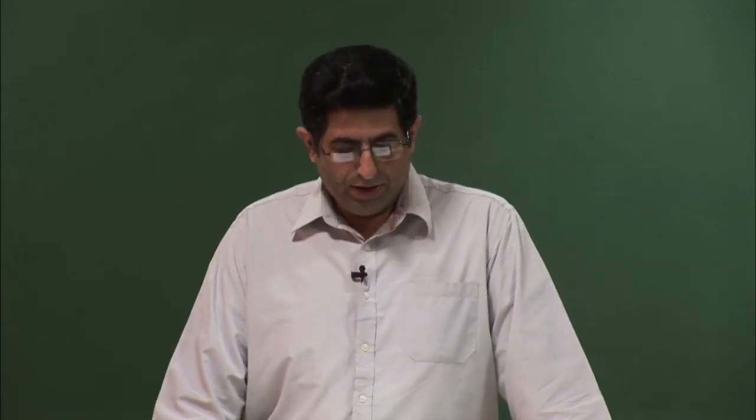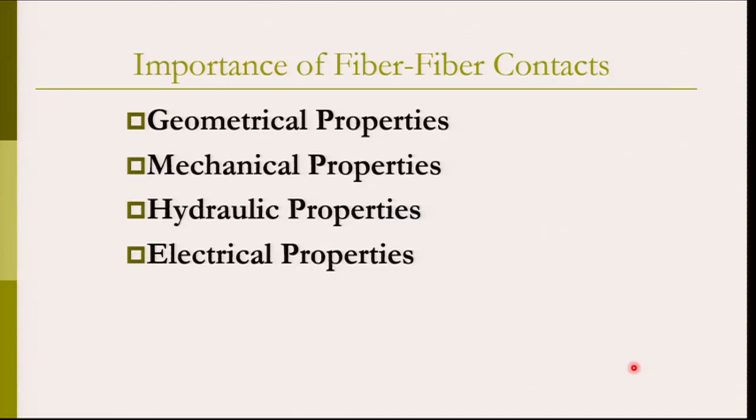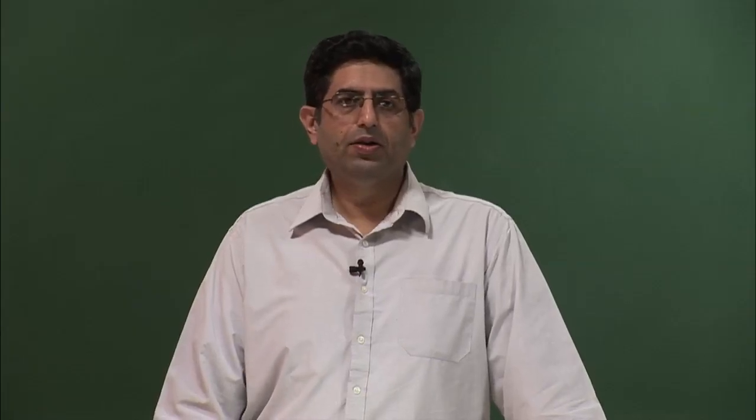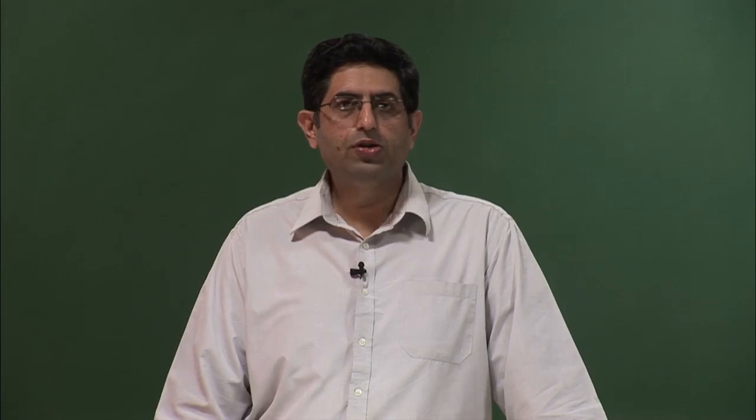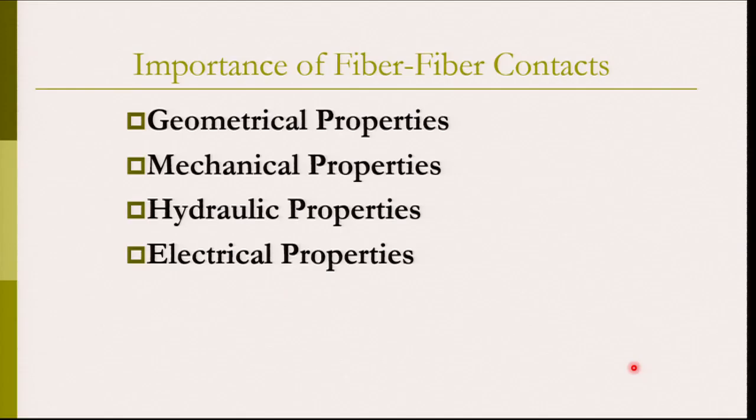The next one is electrical properties. If the material itself is electrically conductive in nature, then apparently the transfer of electrons also takes place through fiber to fiber contacts. So, again it shows the importance of fiber to fiber contacts in fibrous materials.